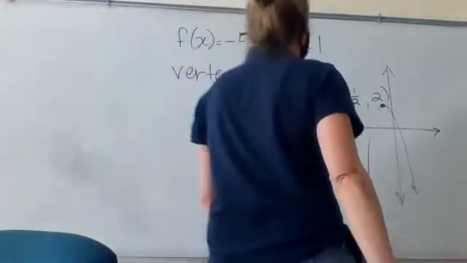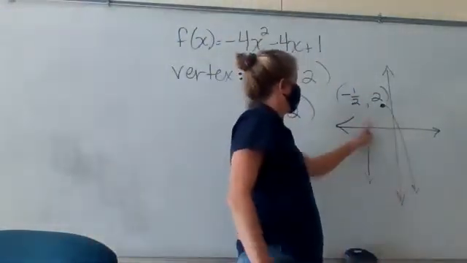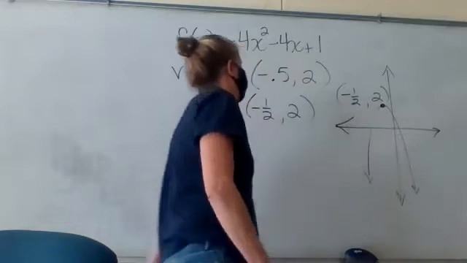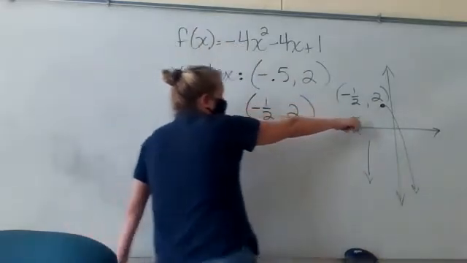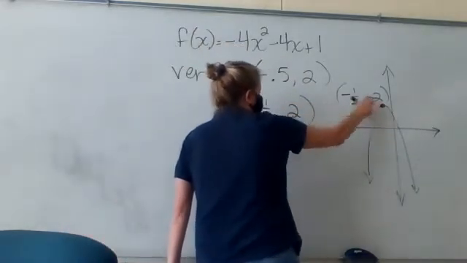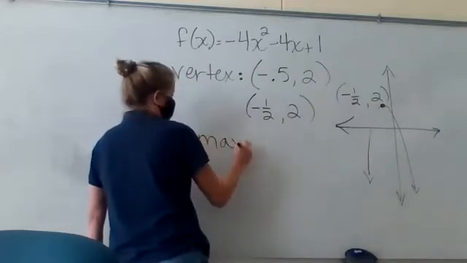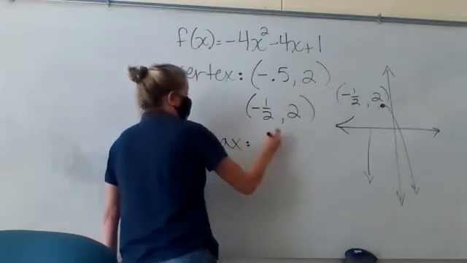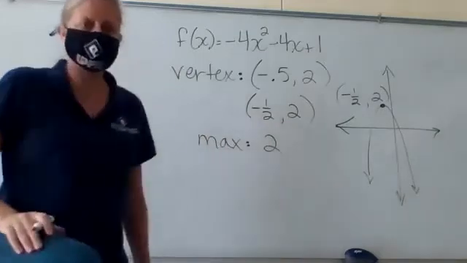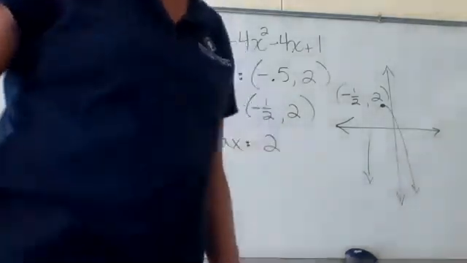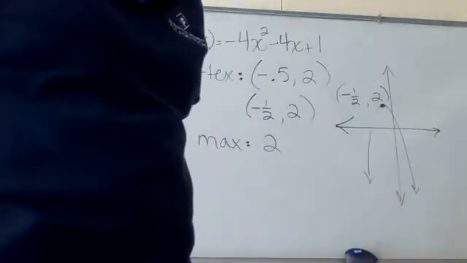This time, the parabola opens downward, right? It's upside down, so it opens down. So it has a maximum value because the vertex is at the top. So what's its maximum value? Always the y-coordinate, which is 2. So its maximum value is 2. That's as high as the y values go.